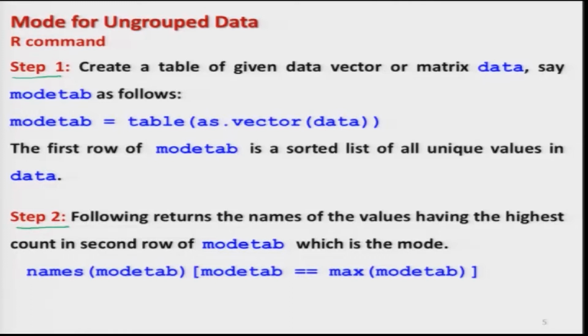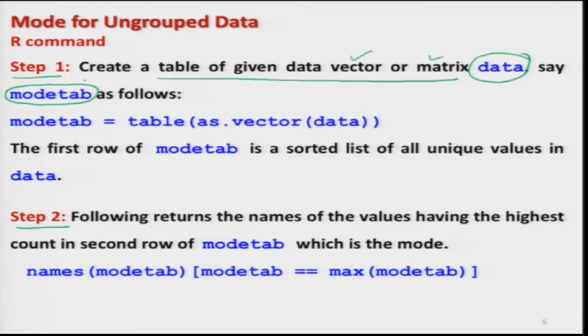Whatever is your data, create a table of that data vector, or that can be a matrix also. How will that be useful? I will show you. Whatever is your data, either in the form of a vector or a matrix, convert it into a table. I will store my data inside a variable named data, and whatever is the outcome of the table of this data, I am going to indicate as modetab.